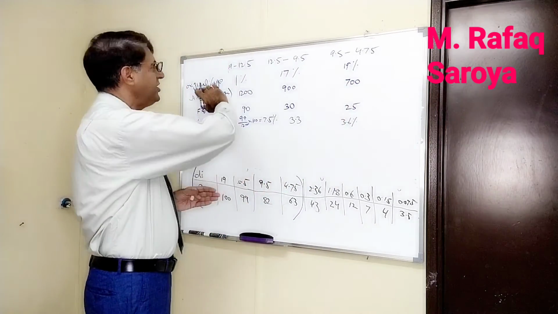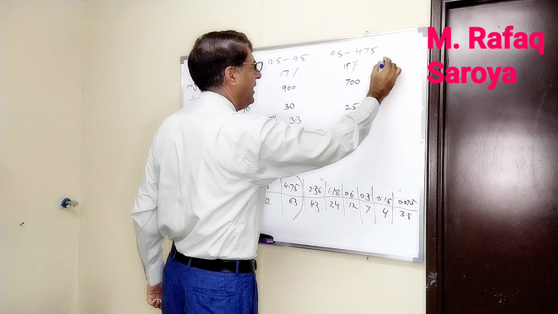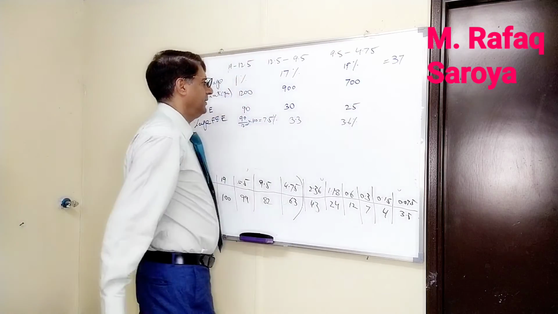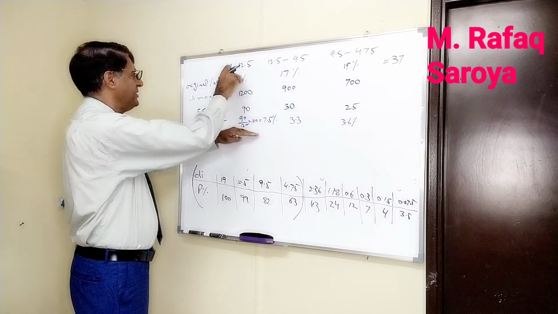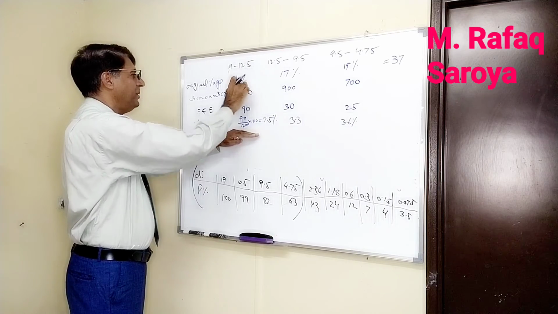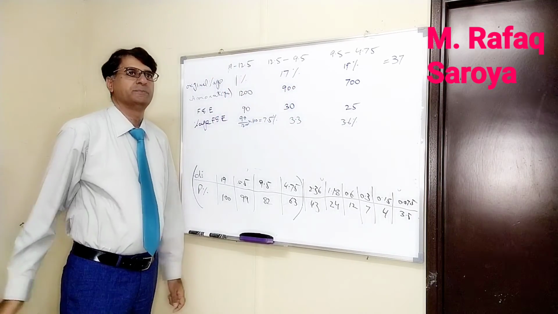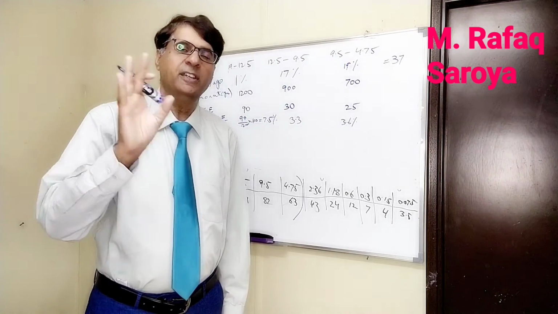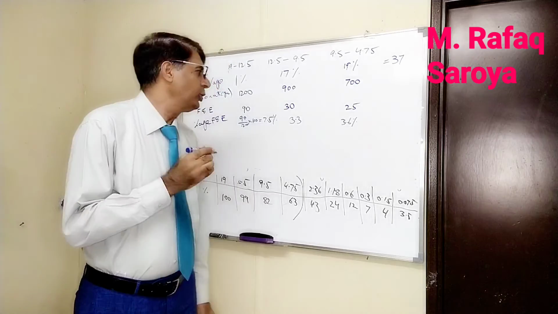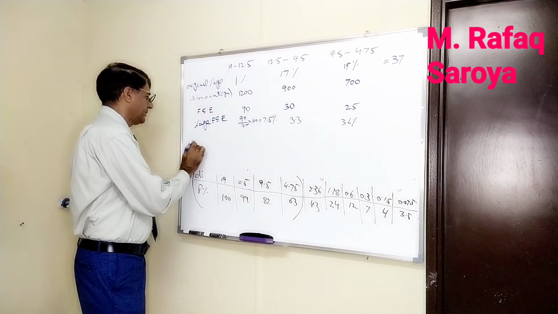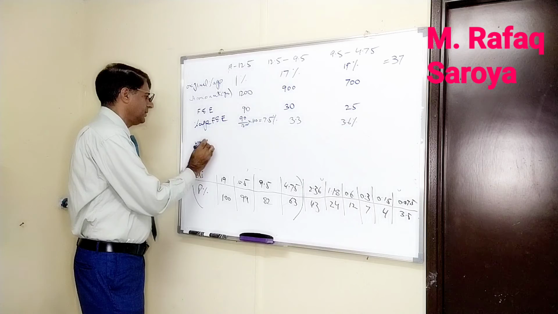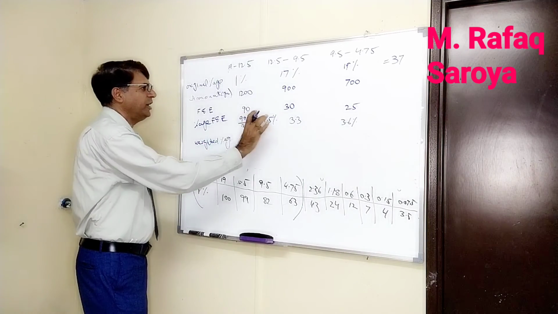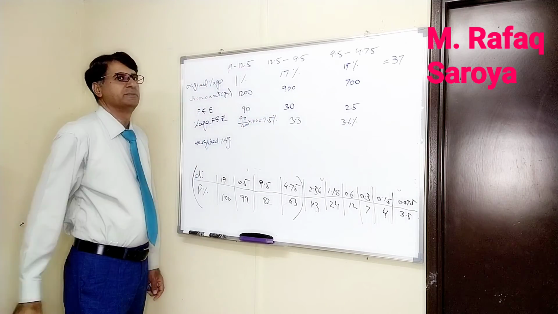Now, how much is the total percentage taken over here? If I add this, its value becomes 37. With respect to the original percentage of this material, try to understand, I will calculate the weighted percentage, which is calculated by the relation of this and this.